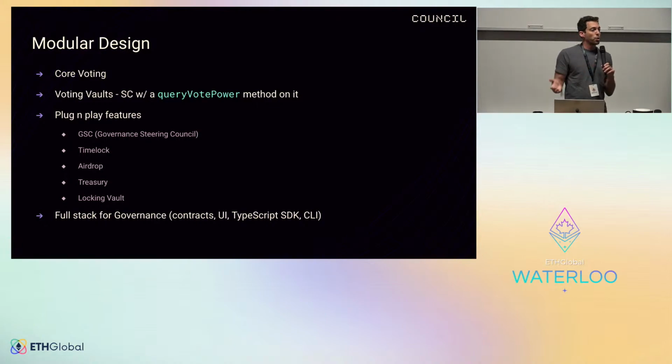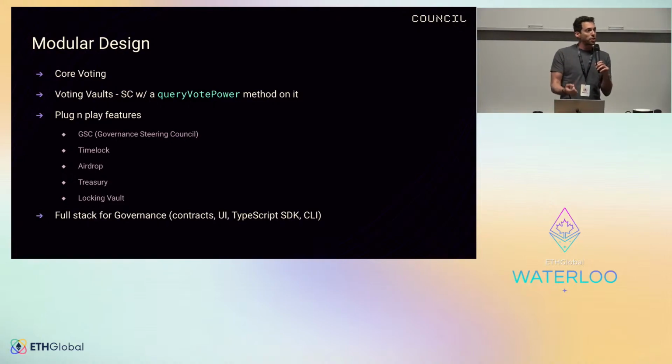Council has a bunch of other plug-and-play features that we invite you to read about in our docs, and today we're going to go into the last one more specifically, which is the locking vault. That represents the one token, one vote concept. As Ryan mentioned, we consider the Council protocol a full stack solution for governance.